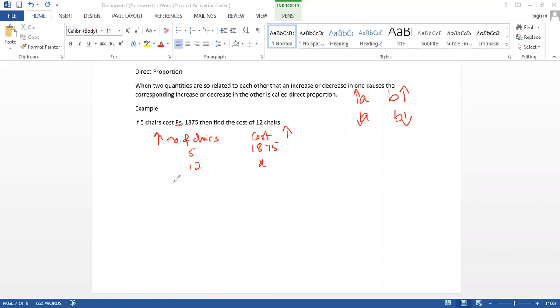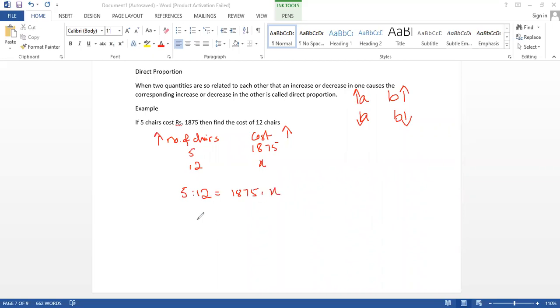If that is the case, then if we write it in the form of a proportion, that means 5 is to 12 is equal to the proportion that we have for cost, that is 1875 is to X. Now we can solve it.